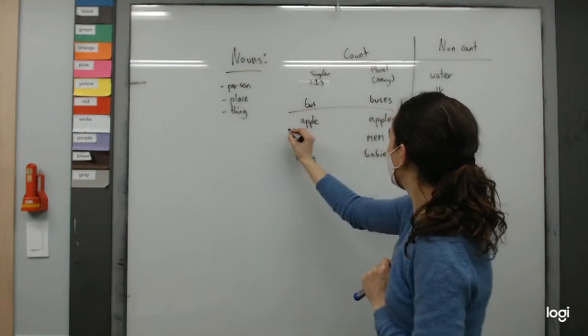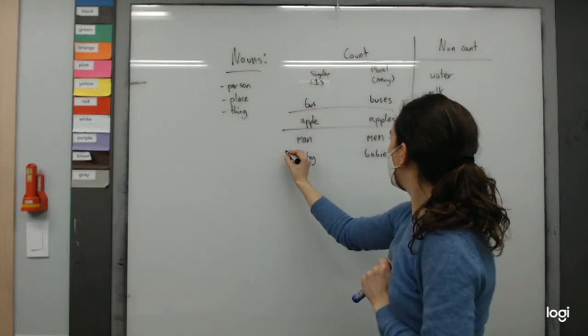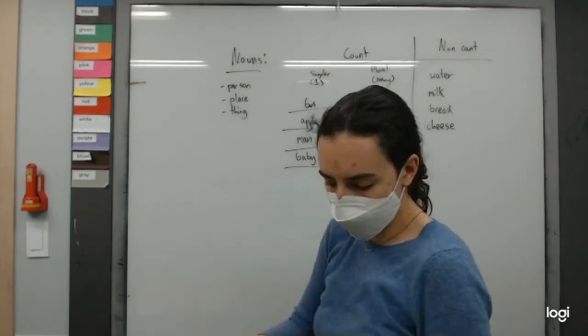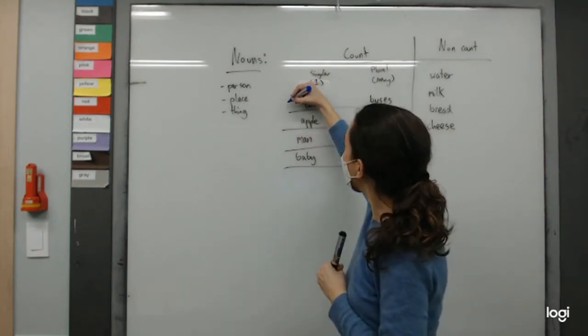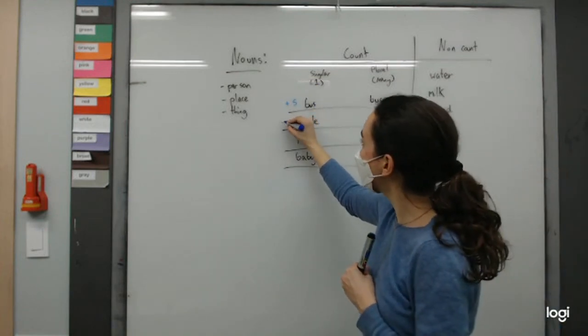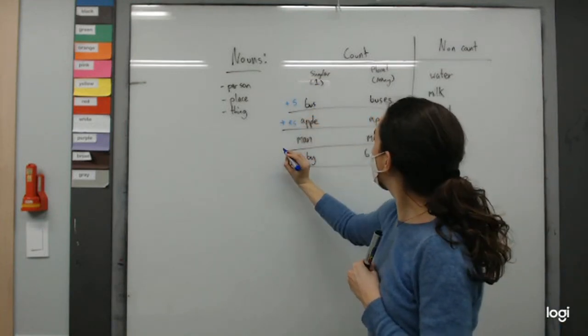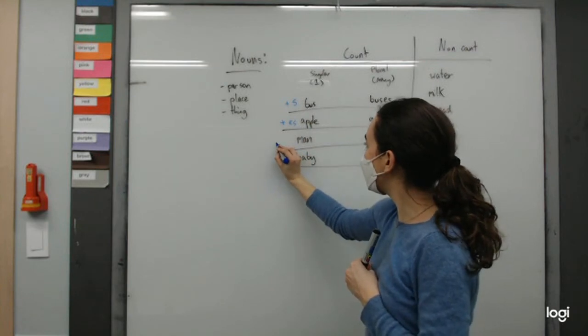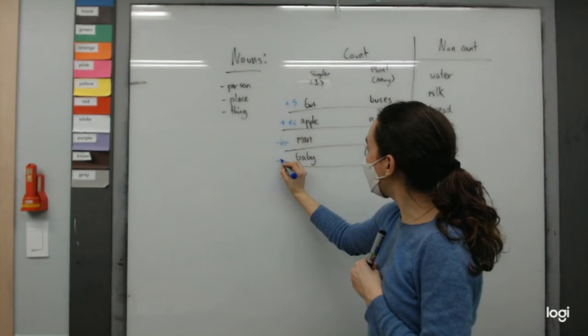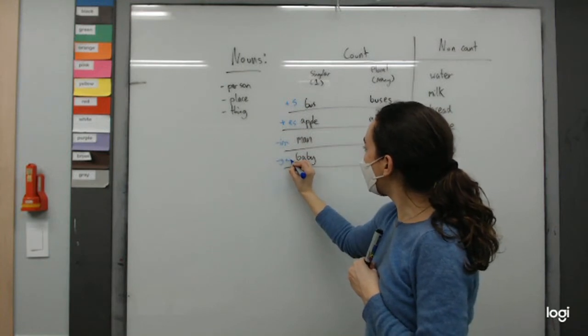We have 1, 2, 3, 4 patterns so far. So the first pattern is just plus s. Most words are just plus s. Some words plus es. Some words are special. We call these irregulars. In some words, we take away y and plus ies.